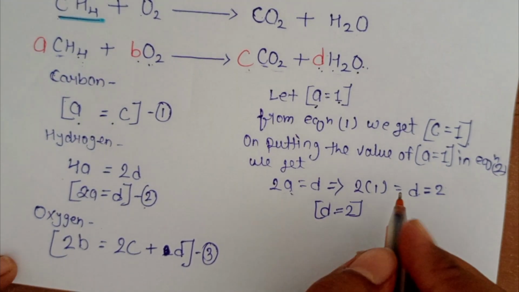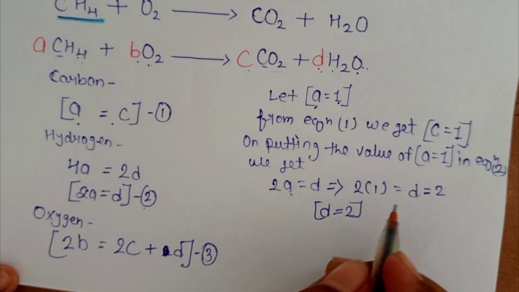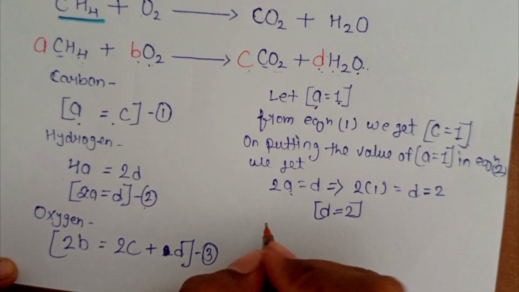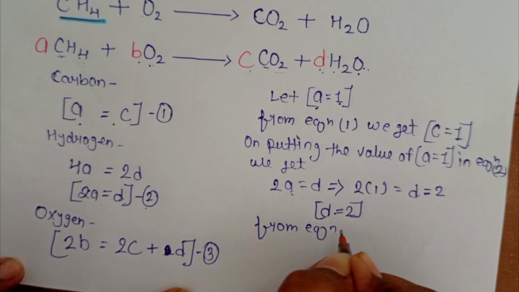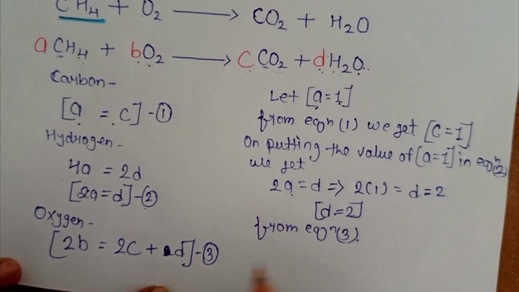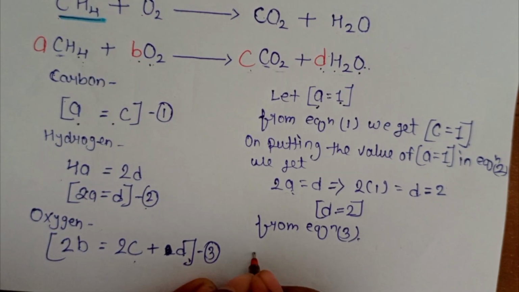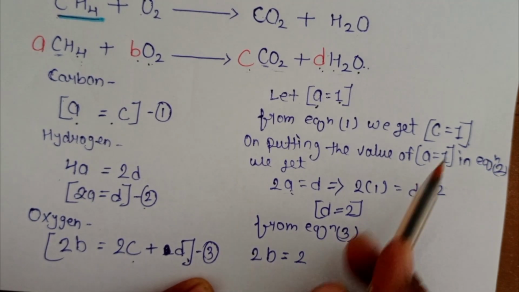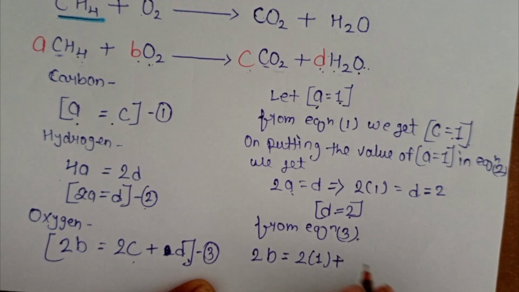Okay, there is only one coefficient left. Which one? It is B. From the equation number third, on putting the value of C and D means 2B is equals to 2C, C is equals to 1, multiply 1 plus D, D is equals to 2.